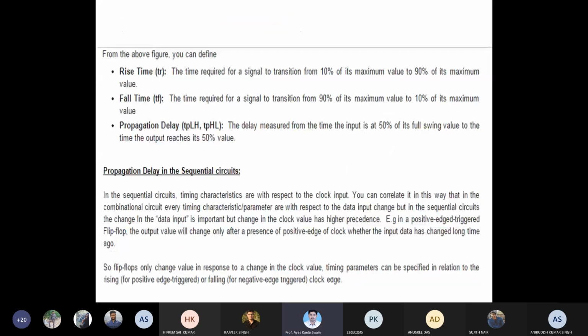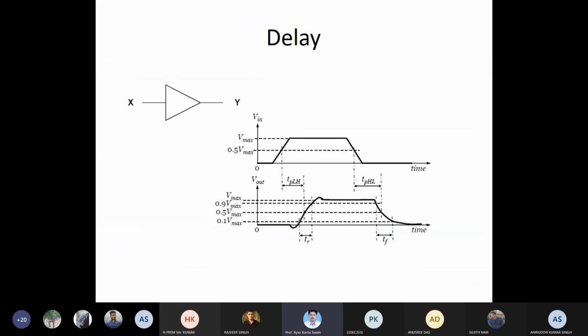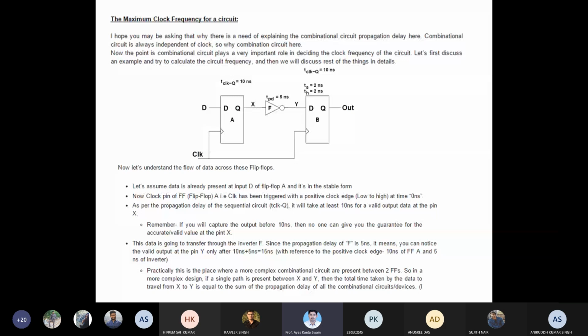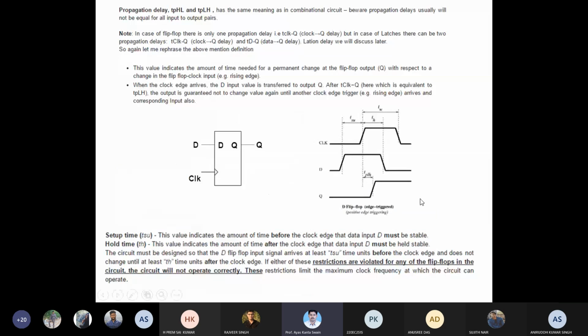So we saw the difference between the propagation delay of combinational design and the propagation delay of sequential design. Though the input is changing much before the clock, the output will change whenever the positive edge of the clock happens.